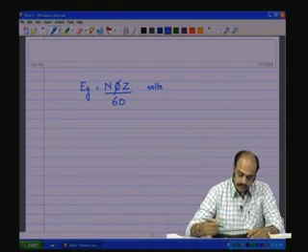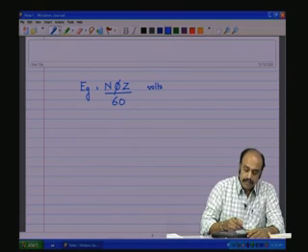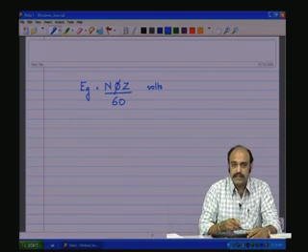Now here N is the RPM of the rotor, the armature, phi is the flux per pole, and Z is the total number of conductors in the armature.